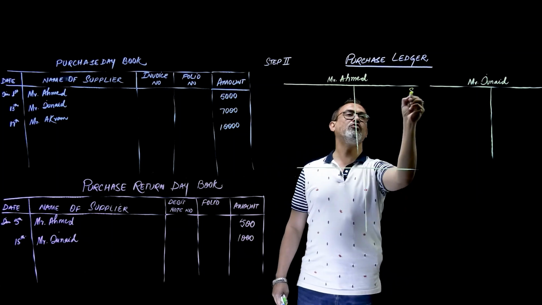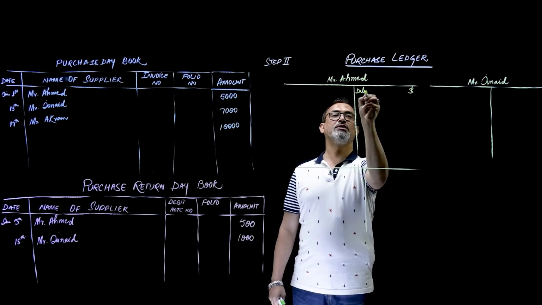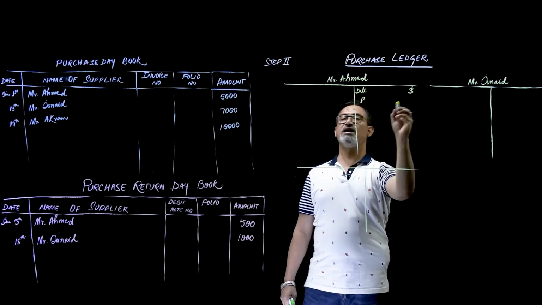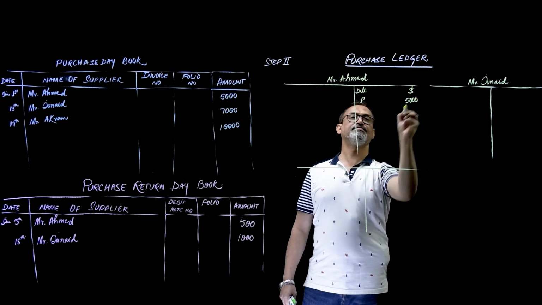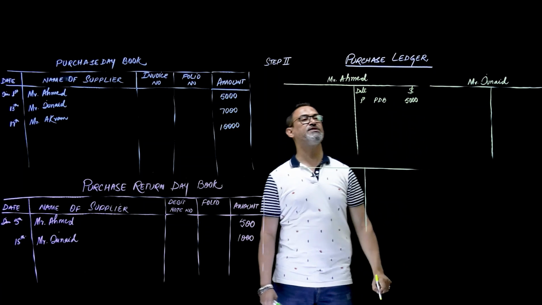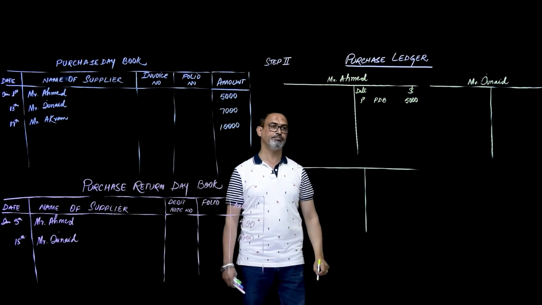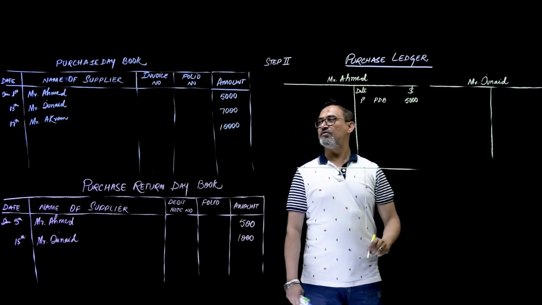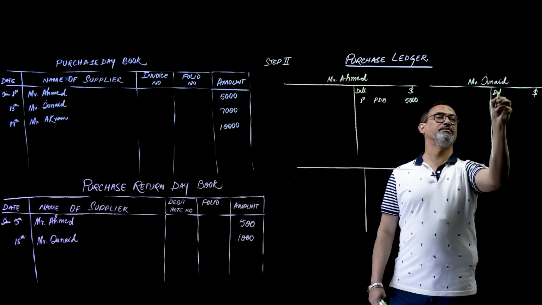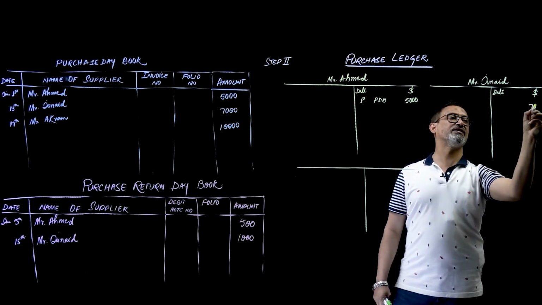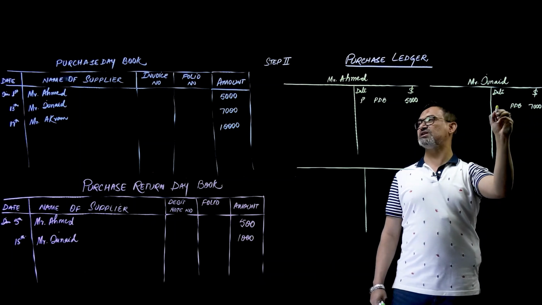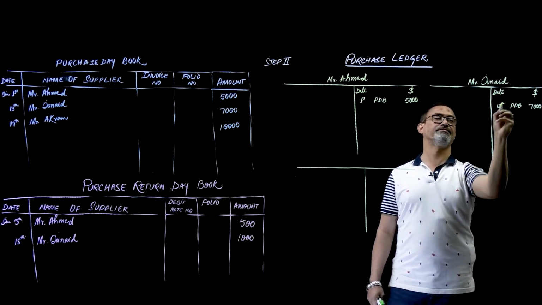So we have to post the first entry on January 1st of $5,000, and you have to write the reference name, that is purchase day book. In the same way, when we purchase goods from Mr. Junaid, we write $7,000 on the credit side with the reference purchase day book, on the 13th.